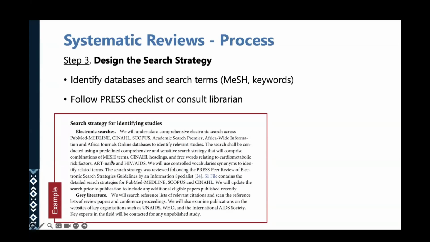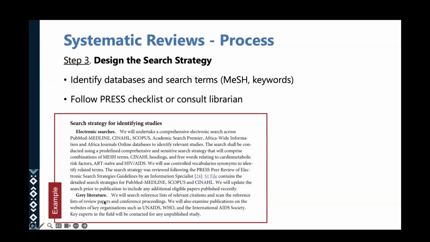We used MeSH terms in Medline, and we used CINAHL headings in Scopus. And we also used some free words. I'll show you the search strategy later on, how we used the different words to develop them. But this is very similar to how we described it in the module on literature review.